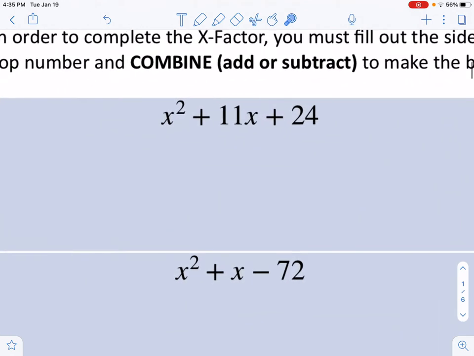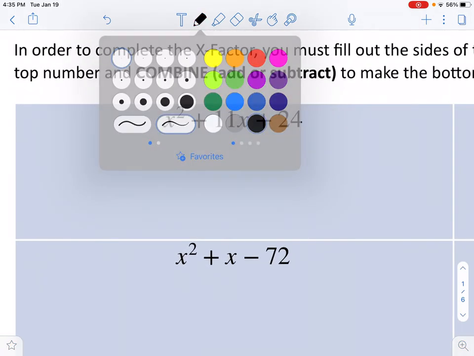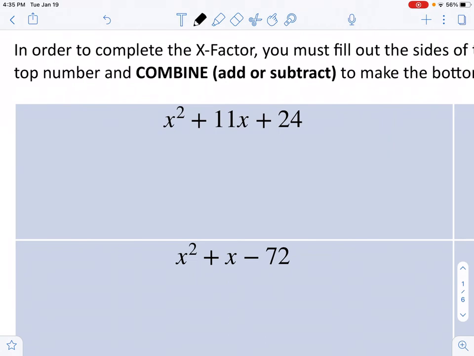So let's practice here with this example. And I am going to fill out my X factor off to the side. And remember, it's our first times our last. Now, if I don't have a leading coefficient, if I don't see a number here, my brain goes, oh, I can just use this. I just used 24. And then our middle number goes in the bottom, 11.